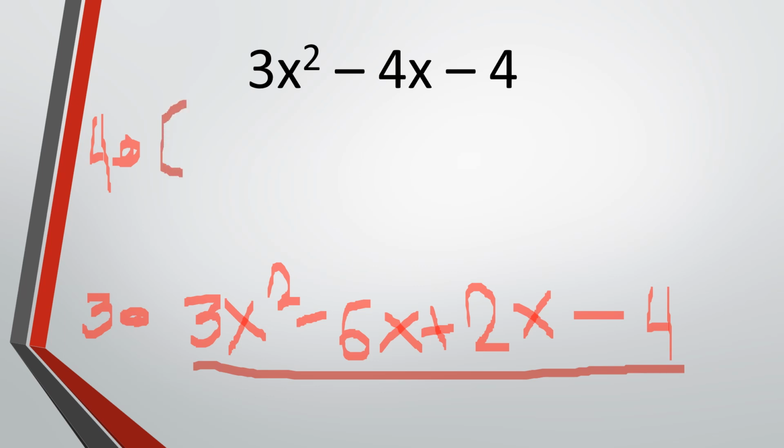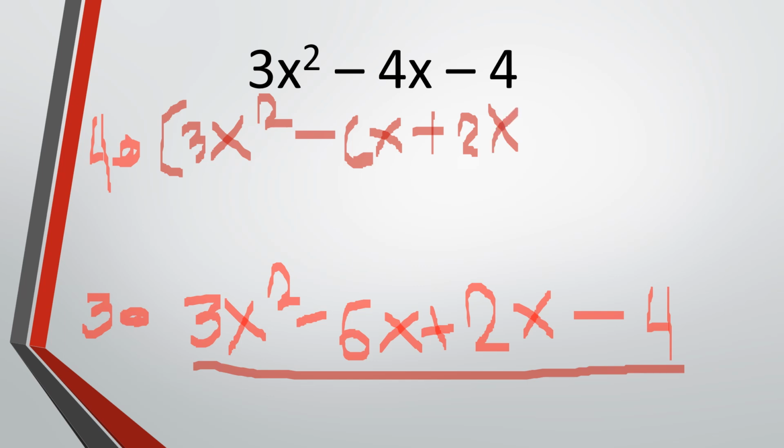We have 3x squared minus 6x plus 2x minus 4. Okay, let's group them. That is the first binomial, and this is the second binomial.